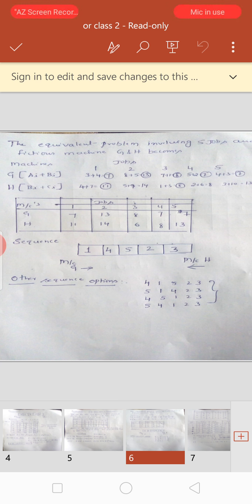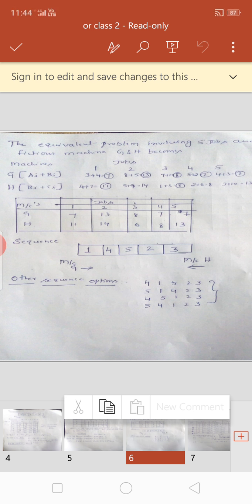How to allot now? The second step of Johnson's rule says that if the least processing time is available on the first machine, here my first machine is G, we need to allot that particular job as early as possible, that is, from the immediate left to the right.